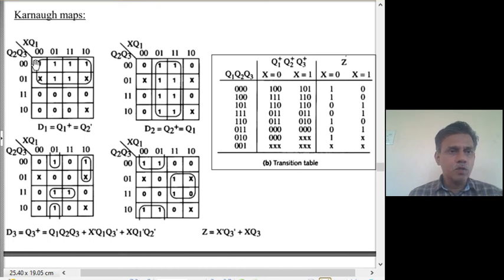That will correspond to this square, 0, 0, 0, 0. For that you look at Q1 plus, that is 1. So you put 1 here. Then this one is 0, 1, 0, 0. X is 0, Q1 is 1, 0, 0. That is again 1. So in this manner you have to carefully pick up the ones against Q1 plus and fill this K-map. Similarly for Q2 plus and so on.